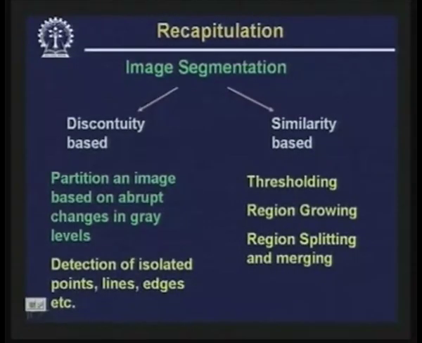Today, what we are going to talk about is something different. We are going to talk about a topic called mathematical morphology, and we will see its application in image processing.